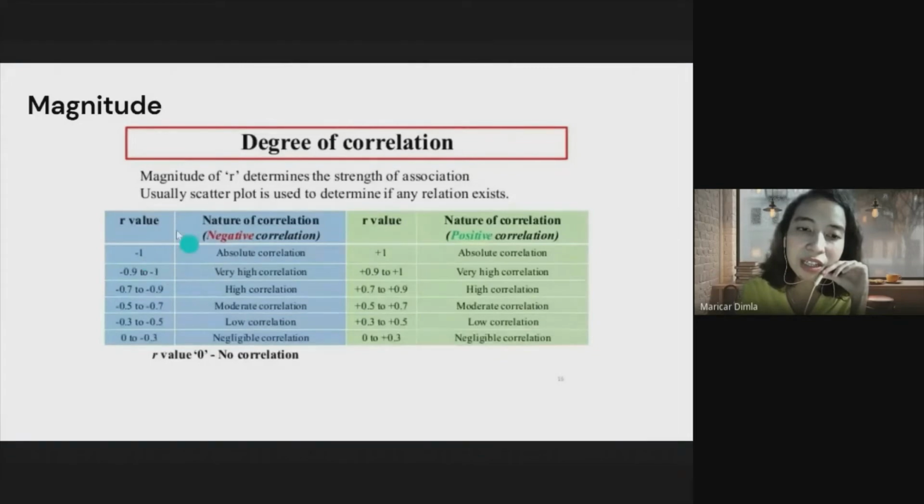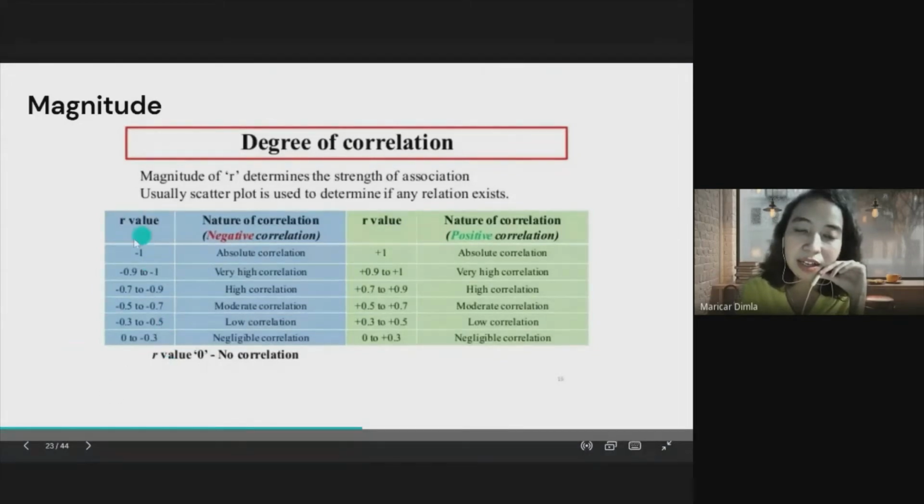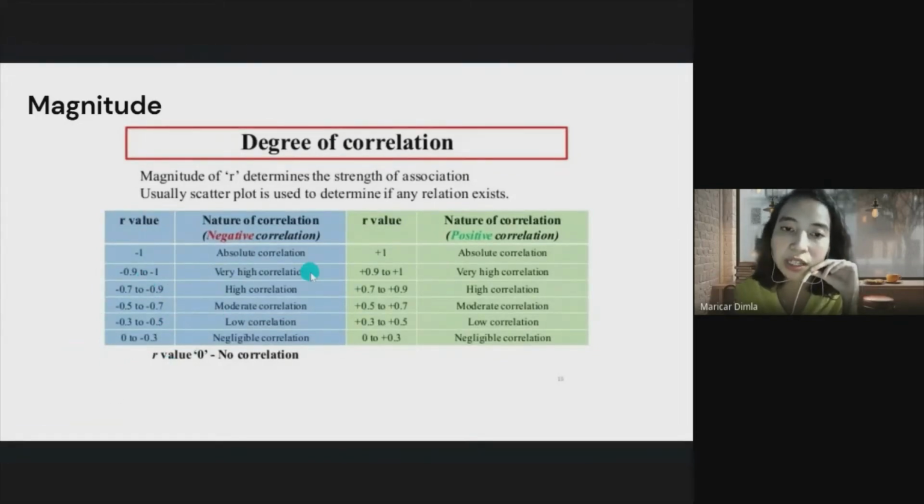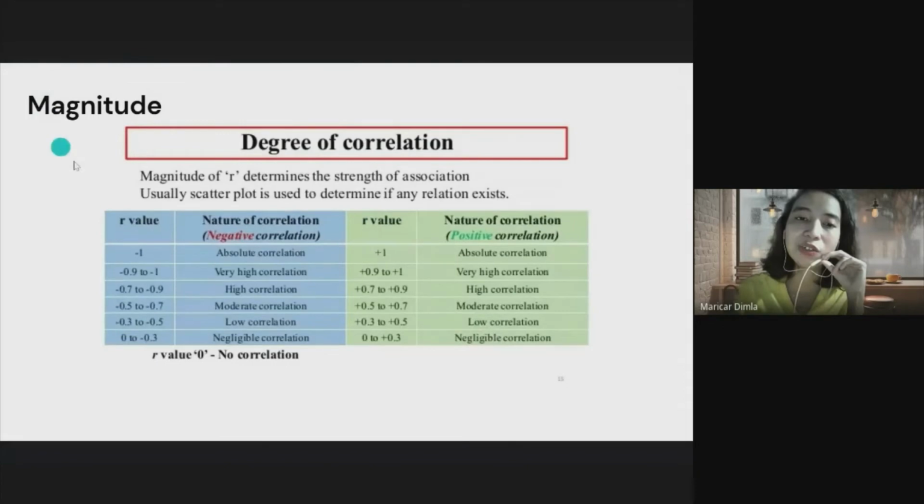So we have here the indicators, the numerical data, and then their interpretation in determining the nature of the correlation, if negative yung naging outcome, and then in terms naman kapag positive yung naging correlation. Okay? From absolute correlation to negligible correlation. Okay, that is the magnitude. Being detailed and specific about the level of the correlation.